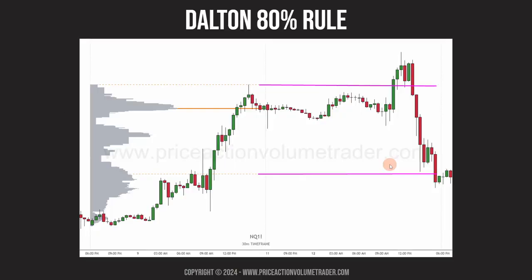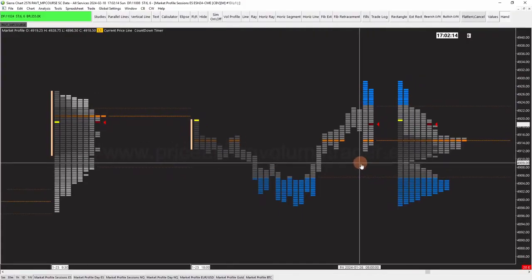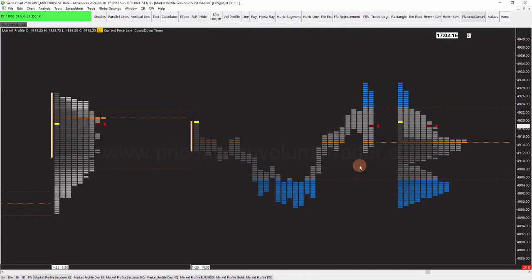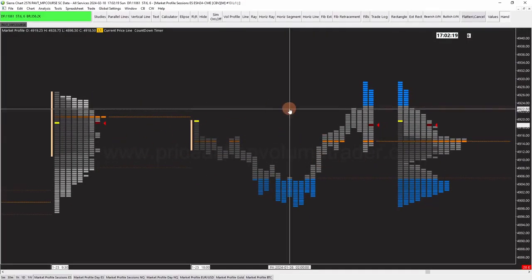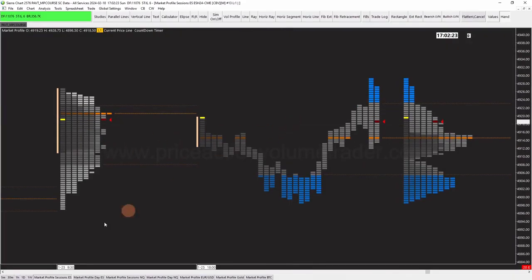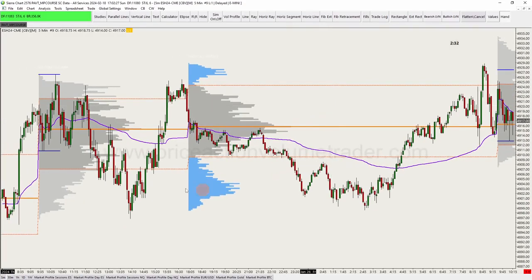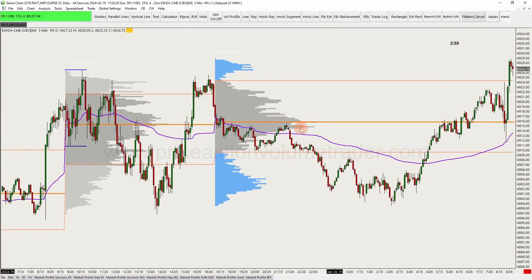And then if we go into Sierra Chart, I'm going to show you an example here on the live charts. This was at the end of January that we saw this example. We're going to be talking about this. So we have our regular trading hours profile here. This is our extended trading hours.